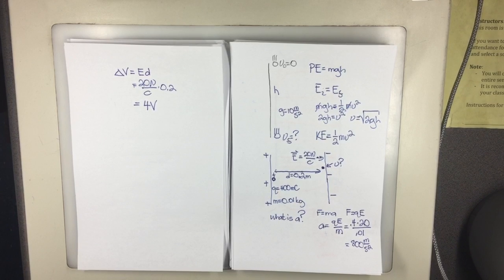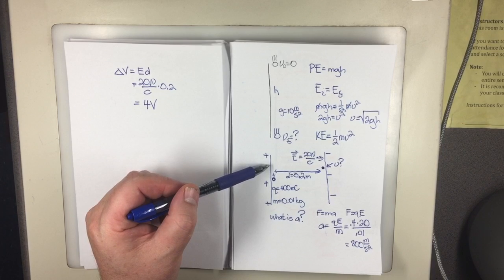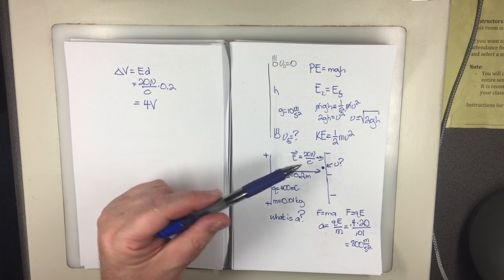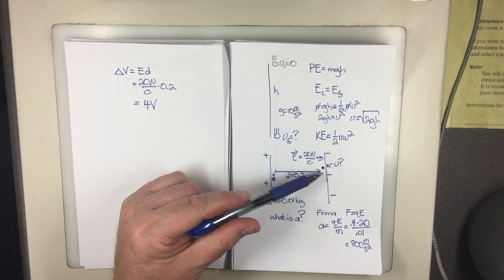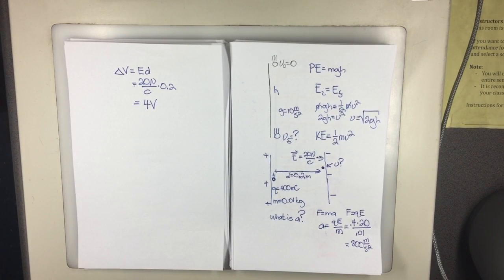Because an electric field times a distance will give you a potential difference, or just a voltage. So this left plate here has a potential of 4 volts over that plate. Its height is equivalently higher than the other plate.